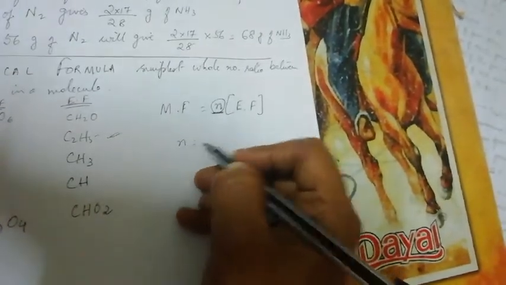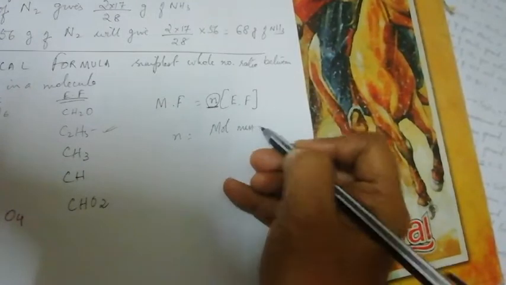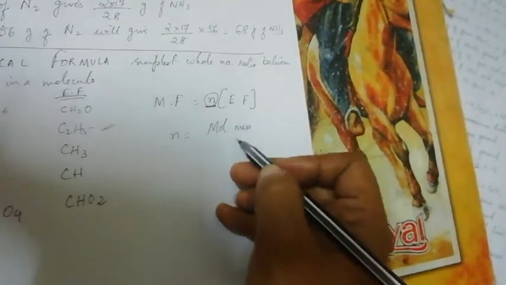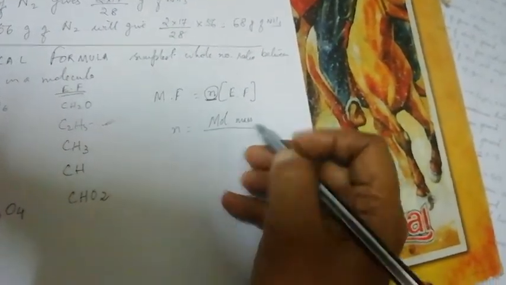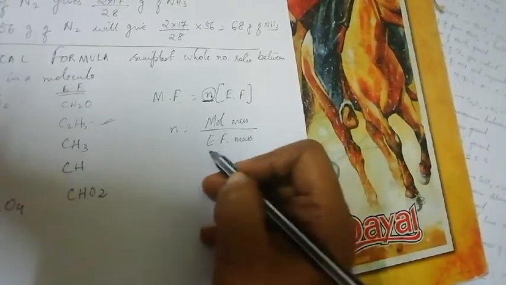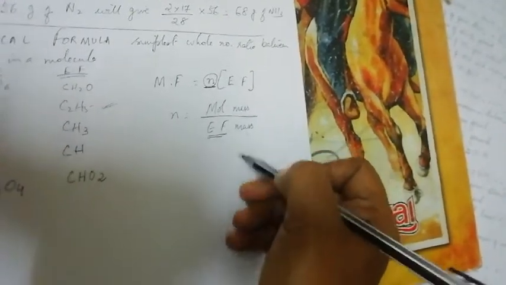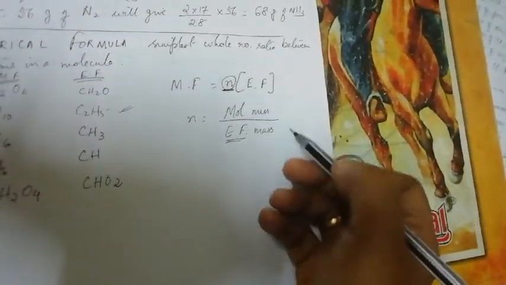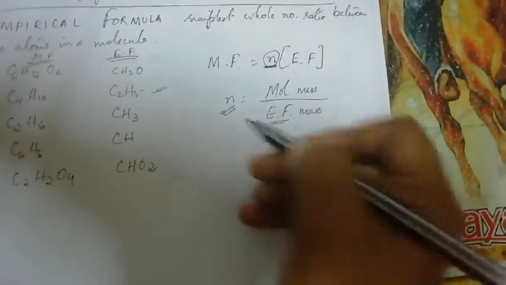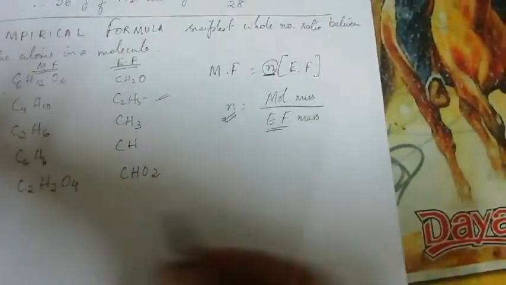Now n can be found out by dividing molecular mass, which will be given in the question directly or indirectly, by empirical formula mass. Once you've calculated the empirical formula, you calculate the empirical formula mass. I will be explaining how, and then you can calculate n, and then from n you can calculate the molecular formula. Okay, let's get started.